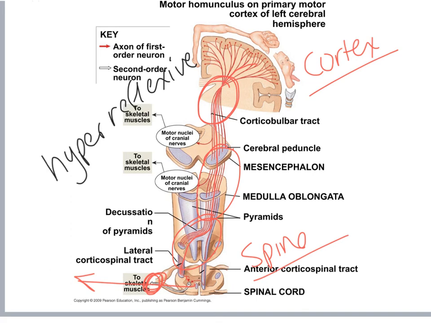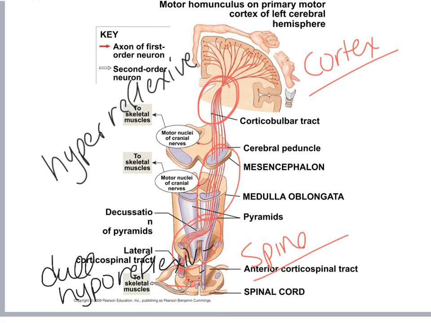The lower motor neuron, then, when that's affected, if the ALS is affecting both the upper and the lower motor neuron, in the lower motor neuron, the reflexes are going to be dull or hyporeflexive.